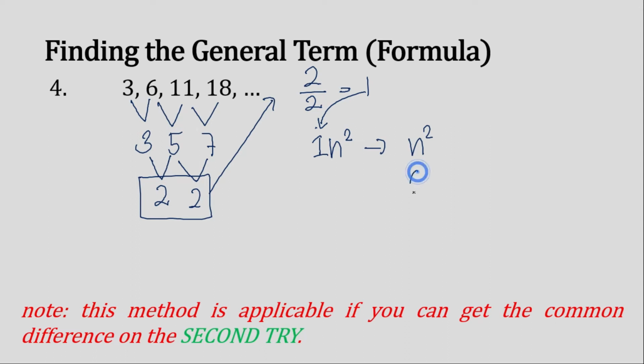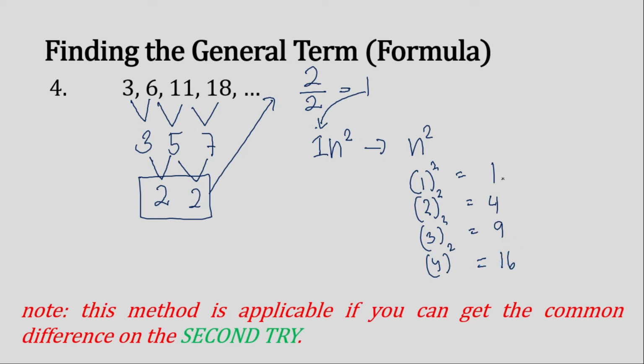So we have 1 squared, 2 squared, 3 squared, and 4 squared. 1 squared is 1, 2 squared is 4, 3 squared is 9, and 4 squared is 16.